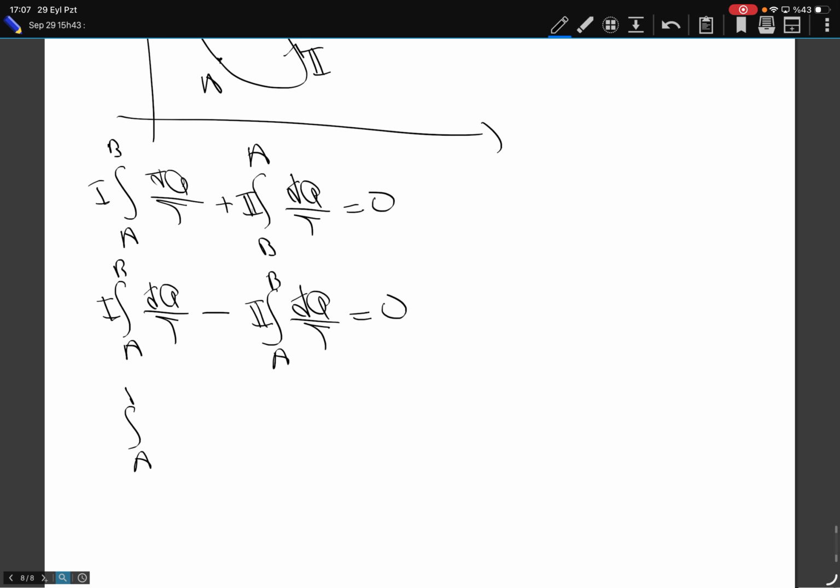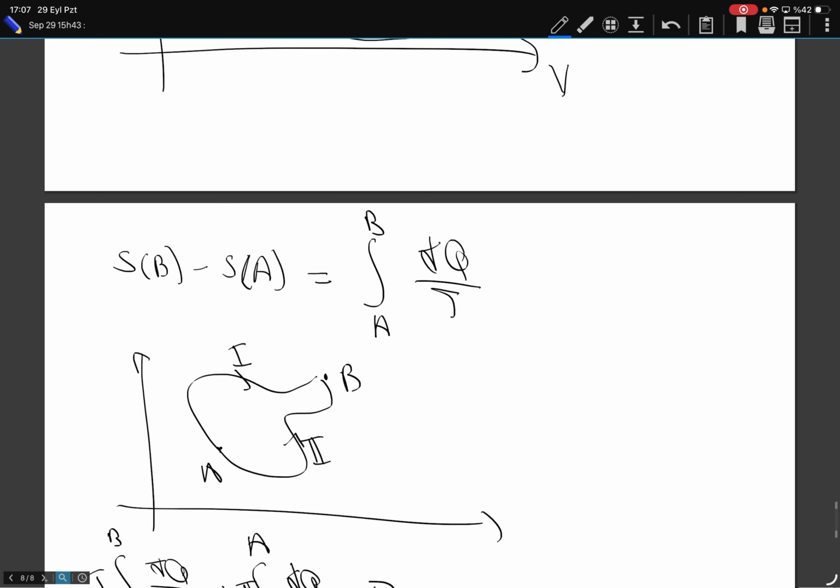So the integral of dq by T along path 1 is the same as the integral from A to B of dq by T along path 2. So that integral is independent of how you go from point A to point B, which tells me that this integral depends only on the endpoints. If you don't change the endpoints, that integral doesn't change.